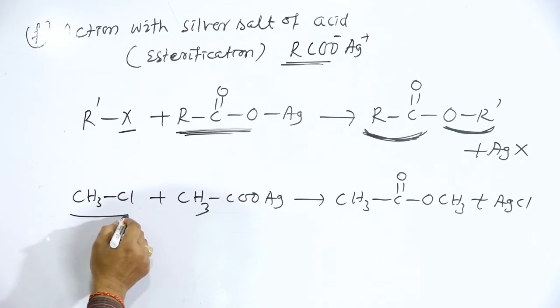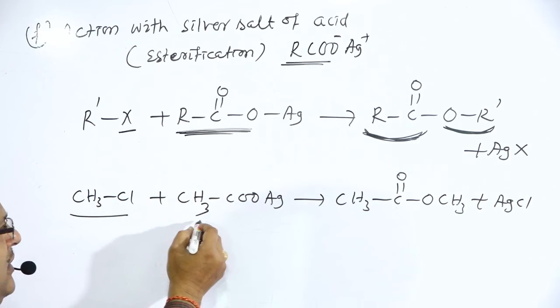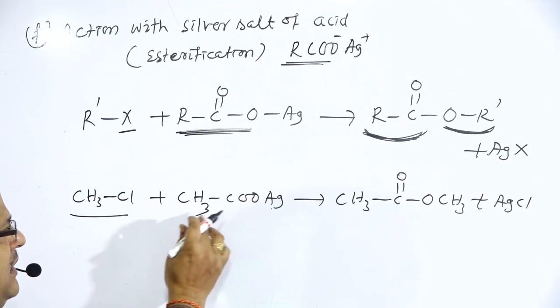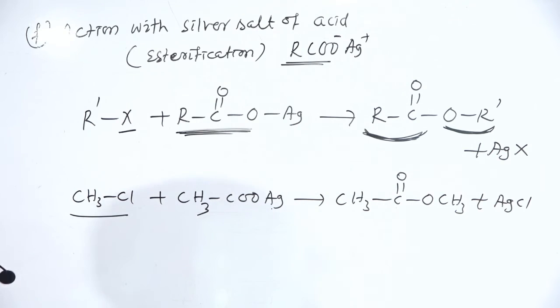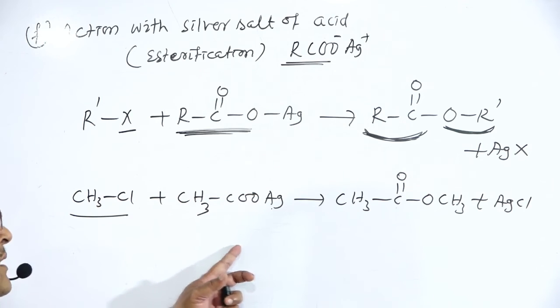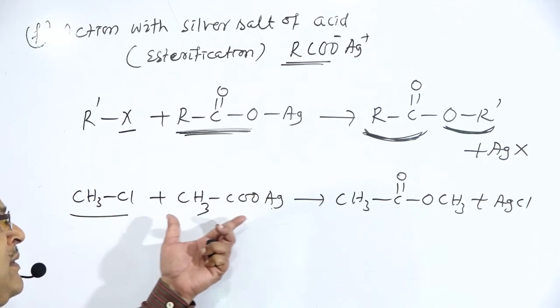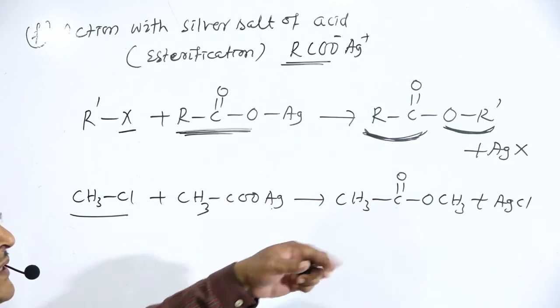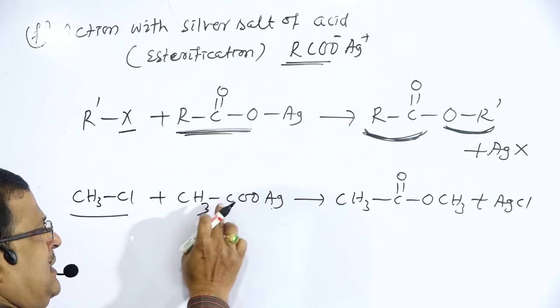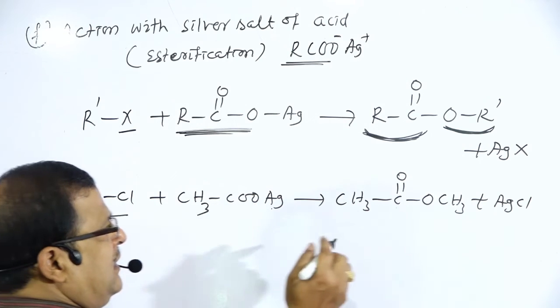Methyl chloride is treated with silver acetate. In acetic acid, CH3COOH, the hydrogen atom is replaced by Ag, that is silver acetate. So the Cl part and Ag are removed in the form of AgCl. So there is the formation of CH3COOCH3.